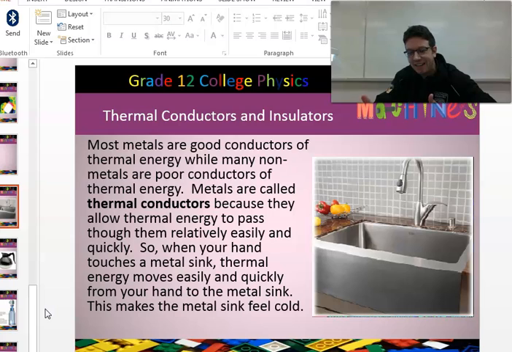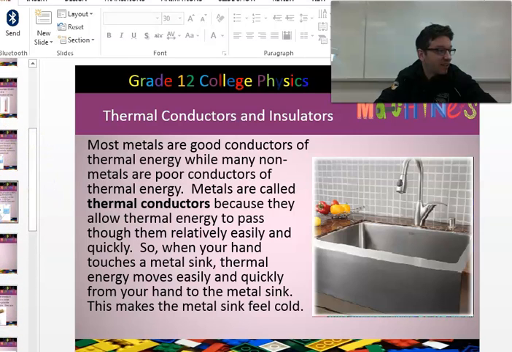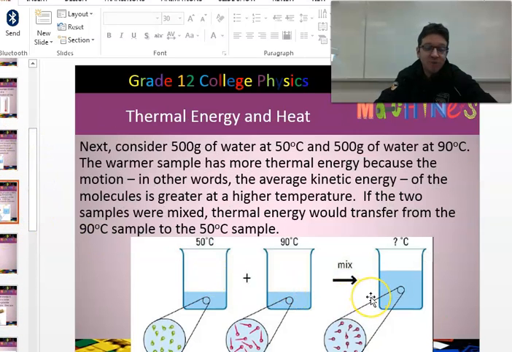But actually, just like this previous example, let me just go back up here, they reach some equilibrium with their surroundings, meaning the metal rod and the plastic rod both reach exactly 30 degrees. So they're at the exact same temperature. The metal rod is not hotter than the plastic.